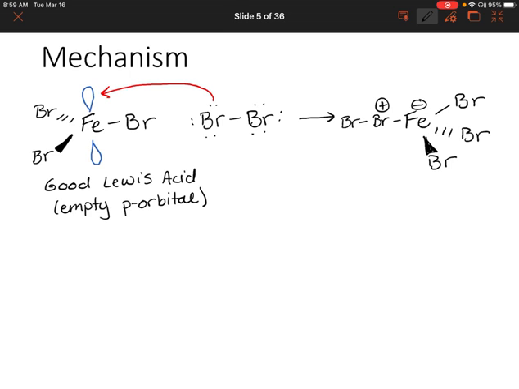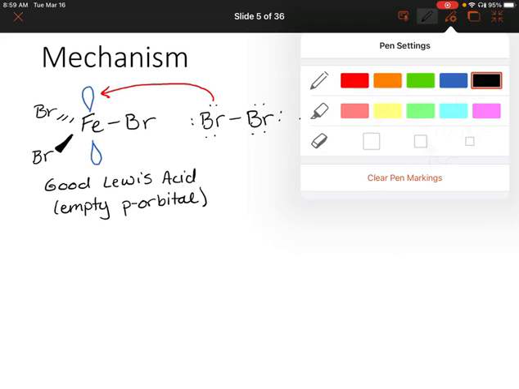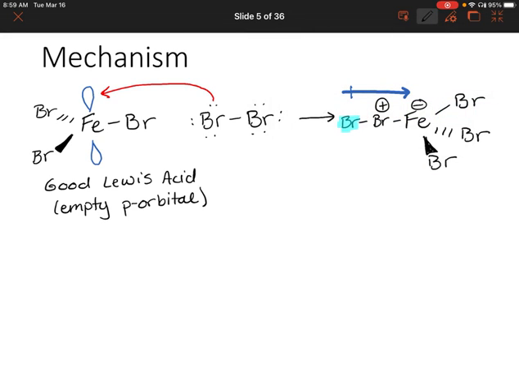Now, if we're thinking about electronegativity, in general, electrons are flowing this way towards those 3 bromines on the right-hand side. So this bromine on the very end is partially positive as well. And it's more easily accessible than the other bromines.